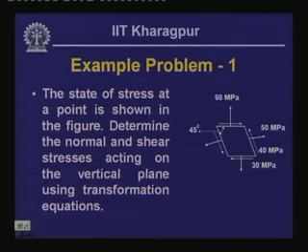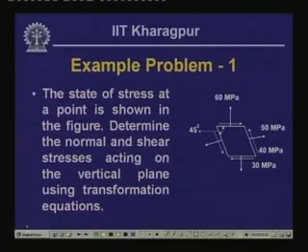Now, with these stress conditions in the background, let us look at how to solve a number of problems. This particular problem I explained to you last time, and I had asked you to compute the stresses. At a point in a stressed body, on a horizontal plane the normal stress is 60 MPa.